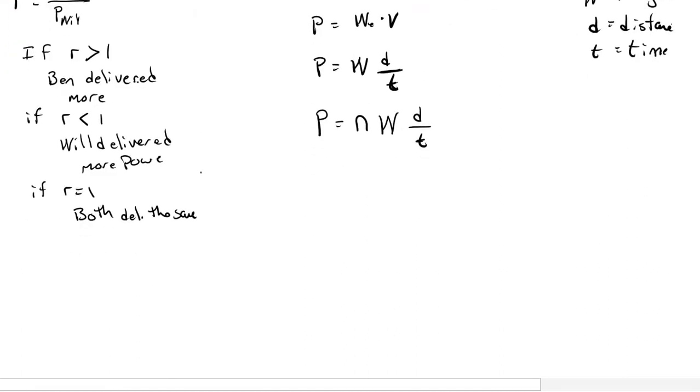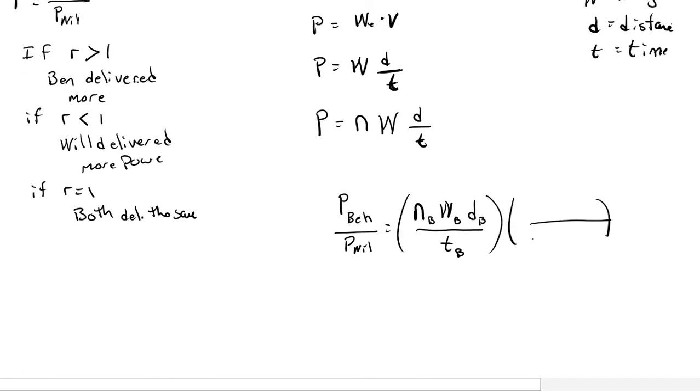Let's proceed. We can say that the power of Ben over the power of Will is N of Ben times the weight of Ben times the distance of Ben divided by the T of Ben, all divided by the N of Will times the W of Will times the distance of Will divided by the time of Will.